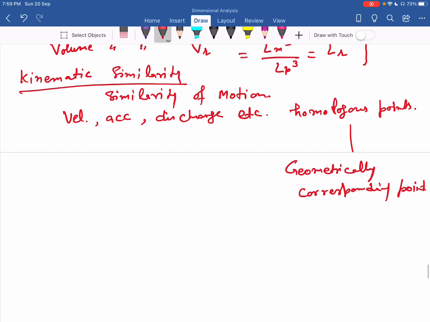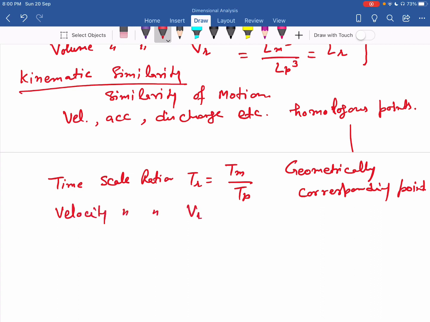So in kinematic similarity, we again have some scale ratios. The first one is the time scale ratio, TR, which is TM upon TP. We have the velocity scale ratio, VR. We can write it as LM upon TM divided by LP upon TP.